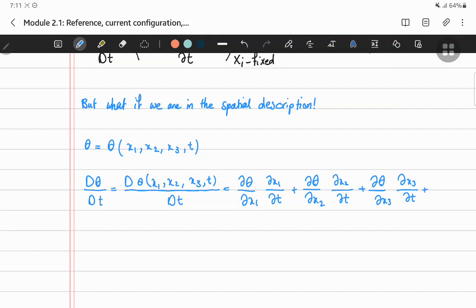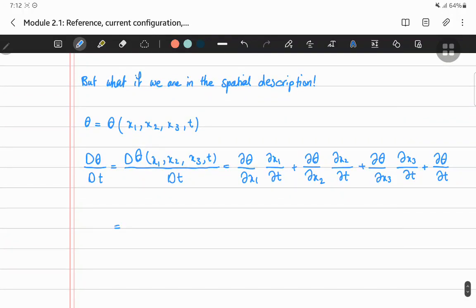Plus, I have also another one, because I know theta is a function of x1, x2, x3, and also t. So I have the partial derivative of theta with respect to t. Therefore, you can get that this is nothing but v1. This is v2.